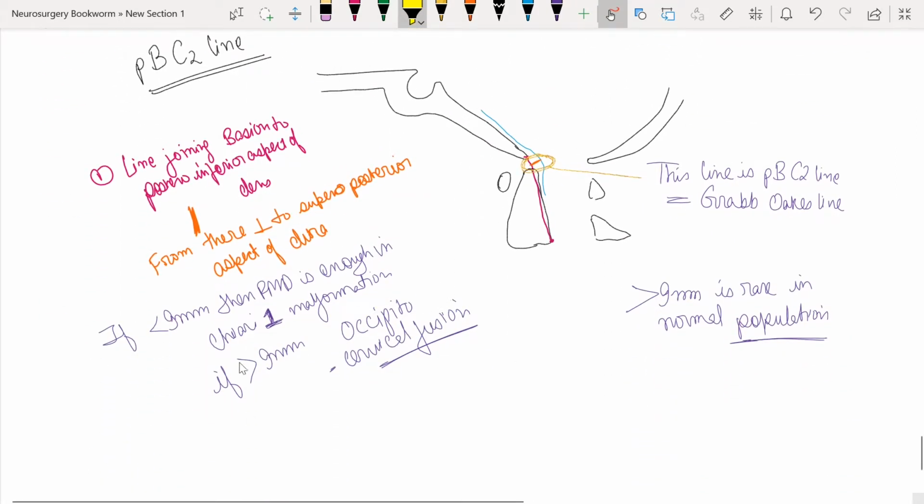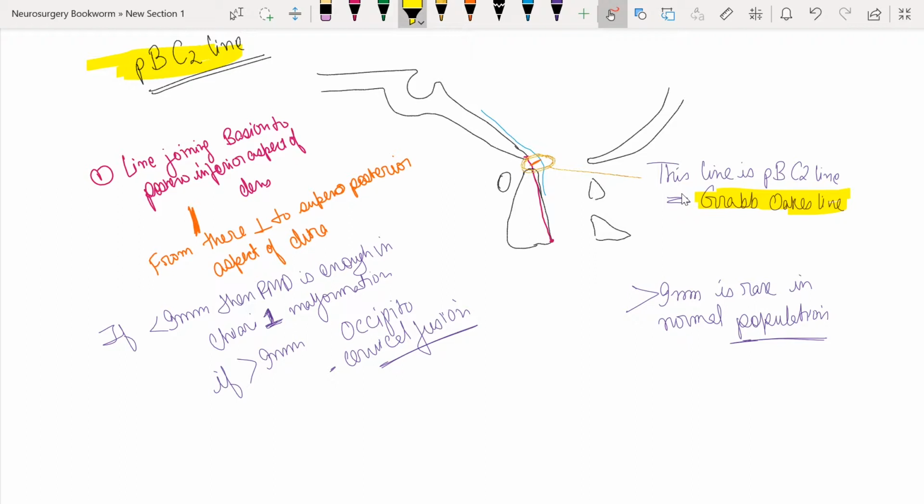Now moving on to the next line. This line is called the PBC2 line, or we can also call it the Grabb-Oakes line. How to draw this line?